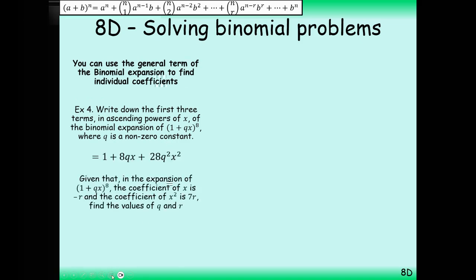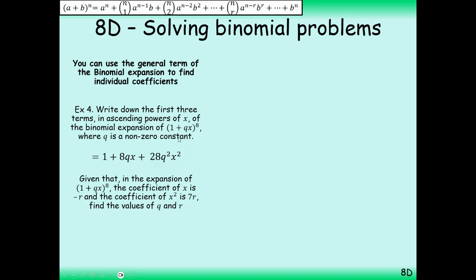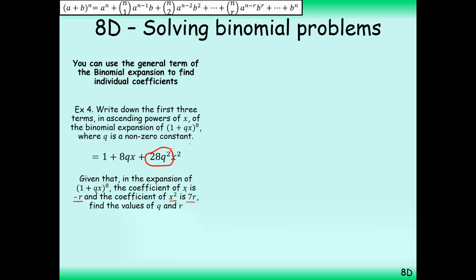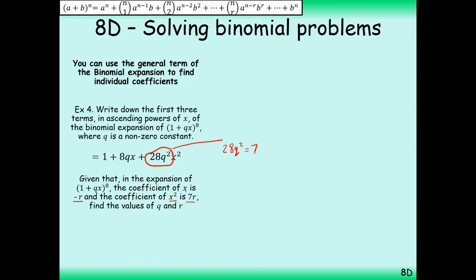So now we've been told in the next part of the question that, given the expansion of 1 plus qx to the power 8, the coefficient of x is minus r, and the coefficient of x squared is 7r. So what we are saying is this coefficient here, 28q squared, is 7r.